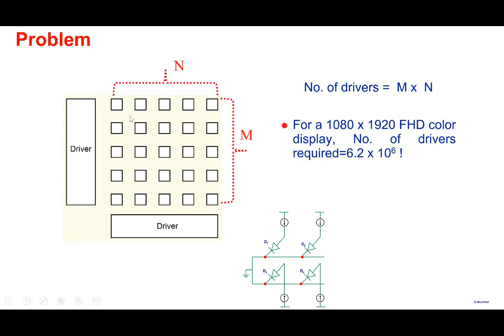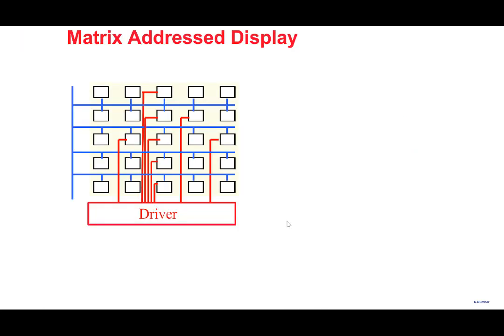So obviously each individual LED cannot have its own dedicated driver, cannot have its own dedicated line running through the display, because that results in too many wires, too many current sources. It's just impossible.